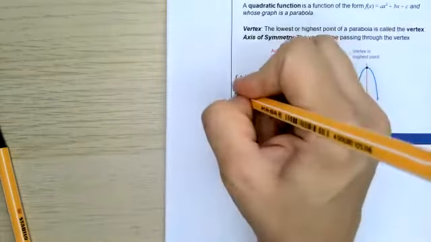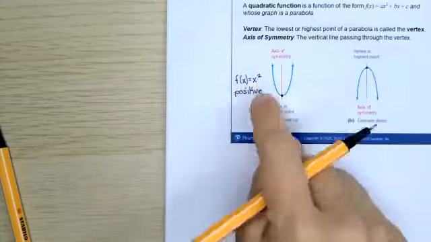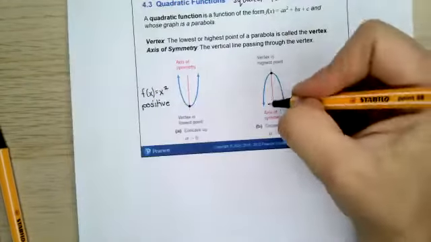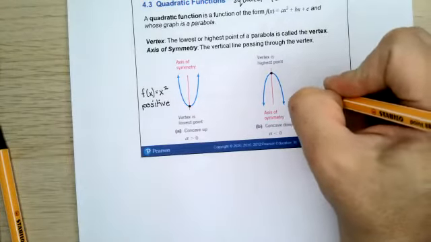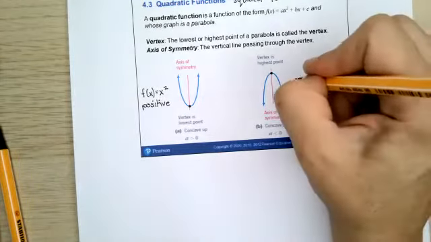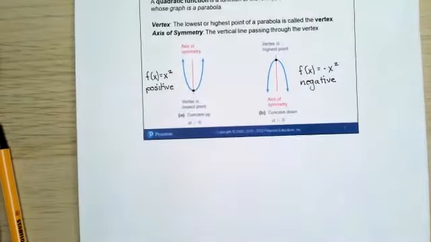This is a positive quadratic function. There is no negative sign in front of that x squared. However, because this is concave down like a frown, this is a negative quadratic function. So it might be f of x equals negative x squared.